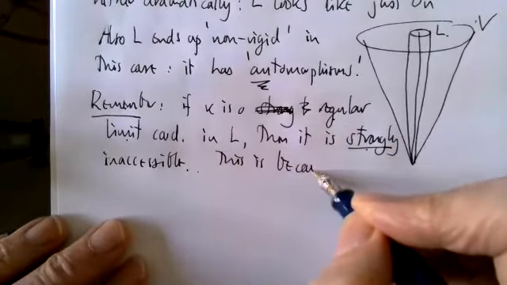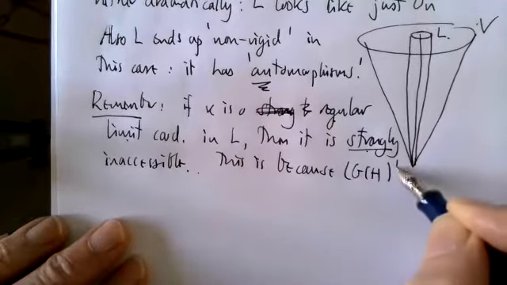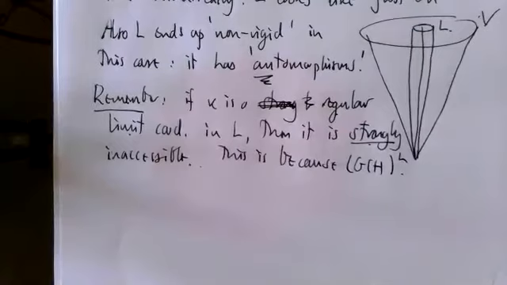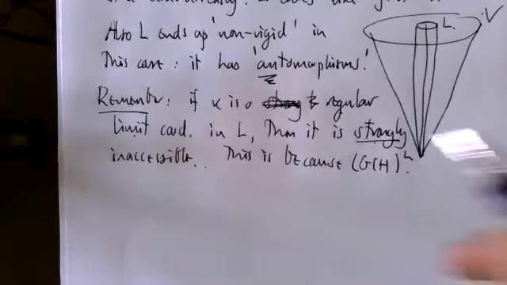And this is because the GCH holds in L. And the GCH says a weakly inaccessible cardinal must be strongly inaccessible.